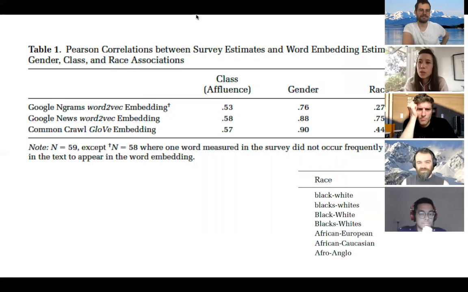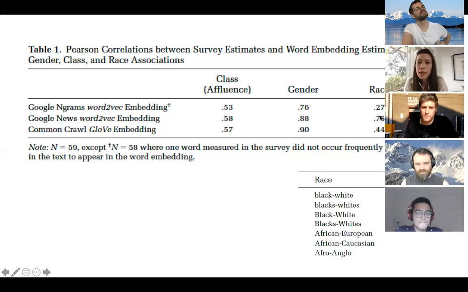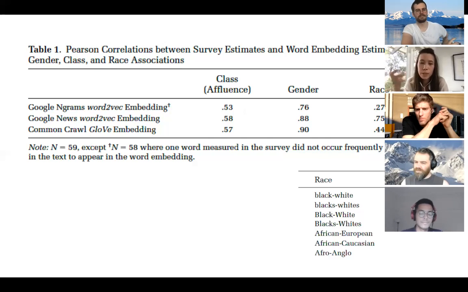If you're using Google Ngram's word2vec embedding, you'll see that while it's reasonably high in the correlation for class and gender, race comes out as fairly low. In contrast, if you're using news text, you've got a much higher correlation with the race dimension. And they also test Common Crawl, which is mainly website text, using GloVe embedding, which is a slightly different word embedding model. And this has a lower correlation with race again.